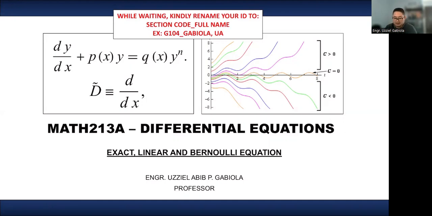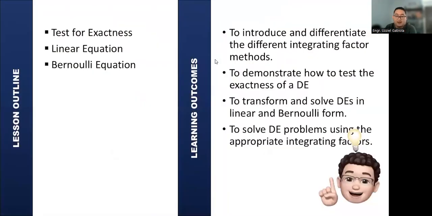So to start, let us go to the outline of our study for this morning. First is the exact equation. We need to test the exactness of our differential equation. And then we will continue with linear equation, and then Bernoulli equation.